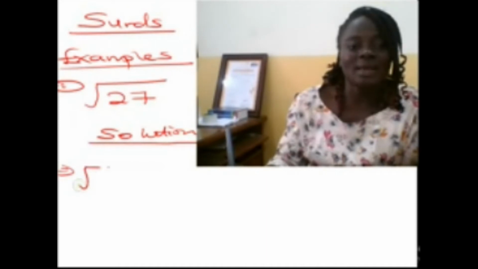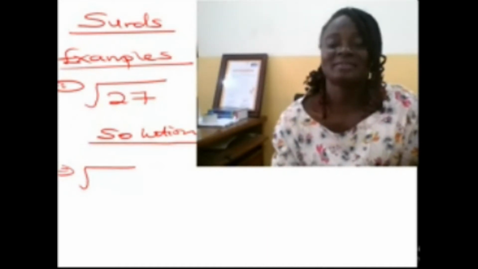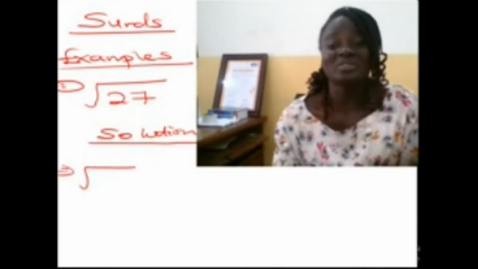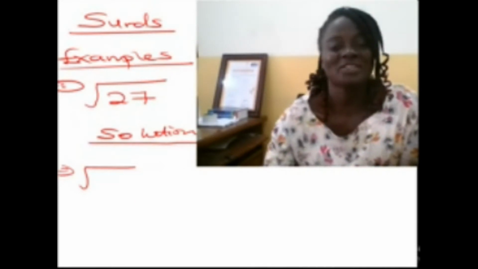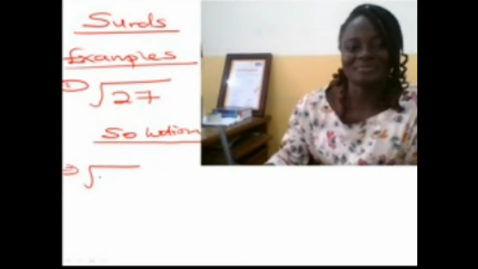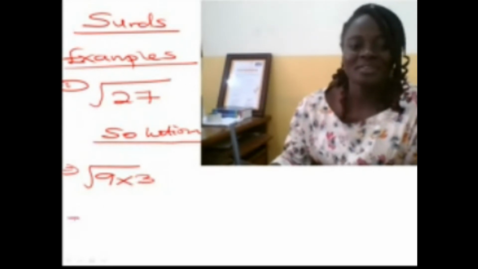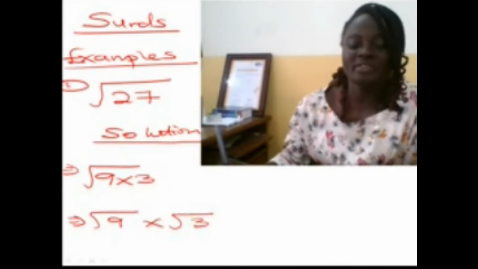So with this question, square root of 27, I'll get two numbers that when I multiply, I'll get 27. But out of these two numbers, one should be a perfect square number. So what do you suggest will be the numbers? That is square root of 9 times 3. Simplifying this will give us square root of 9 times square root of 3.